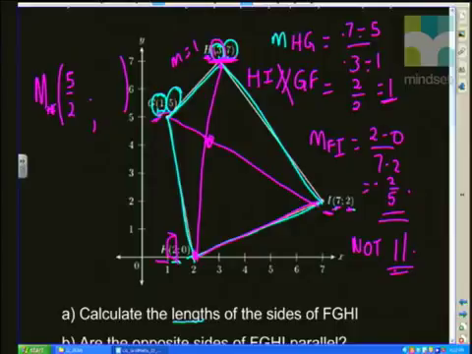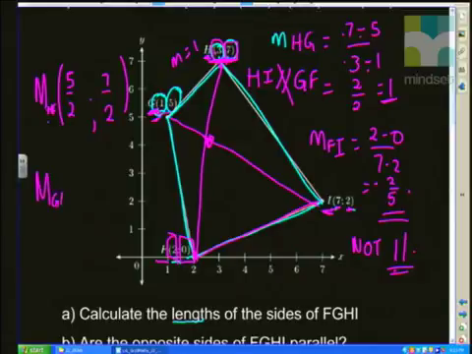And then it's going to be y coordinate at point H plus y coordinate at point F, which is 7, and then divide by 2. So the midpoint of HF is 5 over 2 and 7 over 2. Obviously, if these diagonals bisect, then the midpoint of GI will have to be exactly the same.